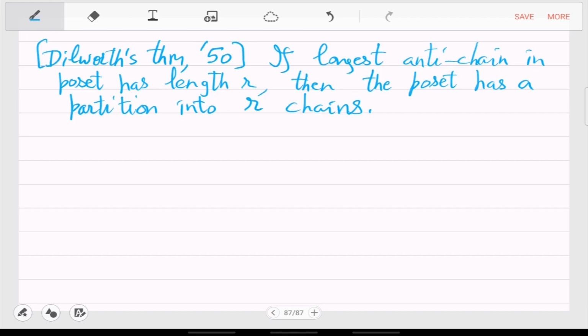So in a way, if you picked specific elements from these parts, you should get an anti-chain which is longest. So it shows the duality between chain and anti-chain in a very exact way. Any questions?